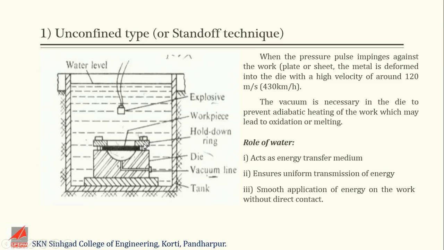This is the hold down ring used to support the workpiece to the die, and this is the explosive. To that explosive we have to supply the external energy. After supplying the external energy, explosion will take place, and after explosion waves are created inside that water, and under higher energy that waves are striking on the surface of this workpiece, so that this workpiece will get this dome shape or semicircular shape of the die cavity.